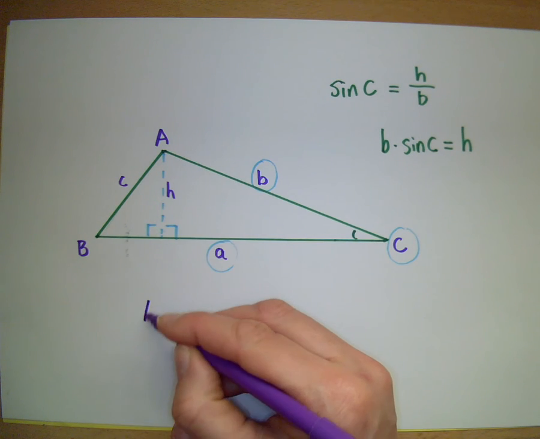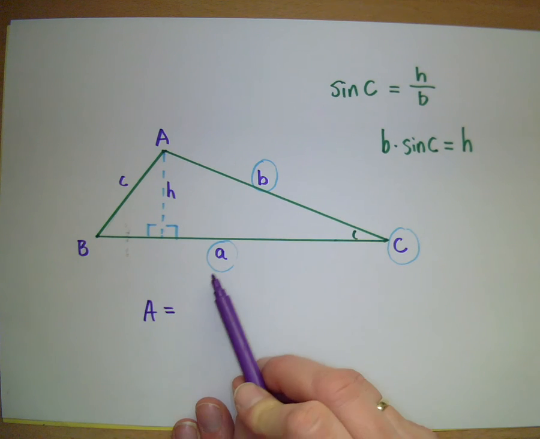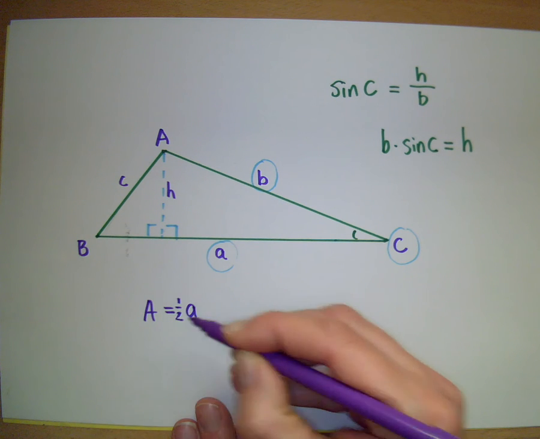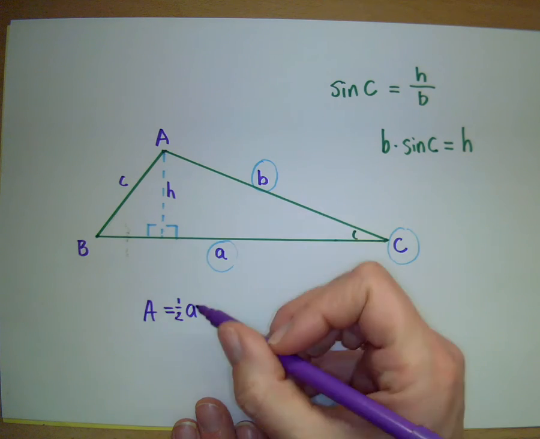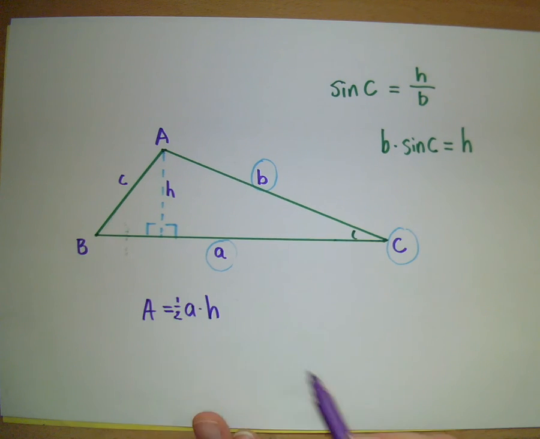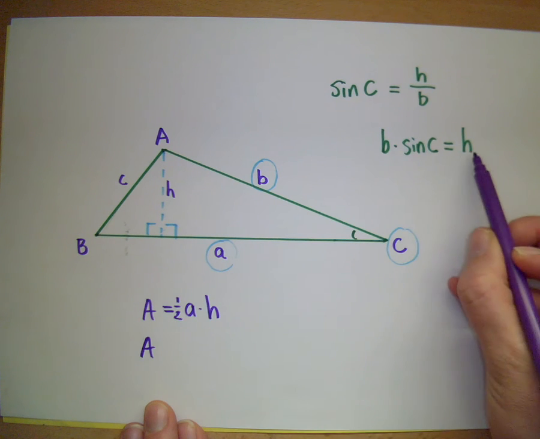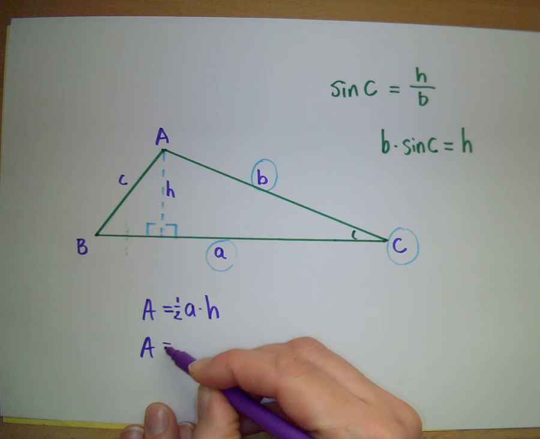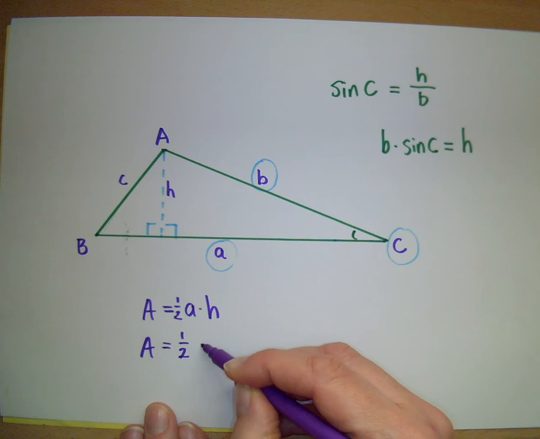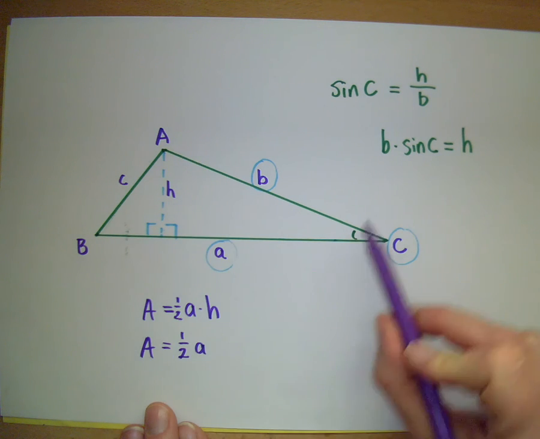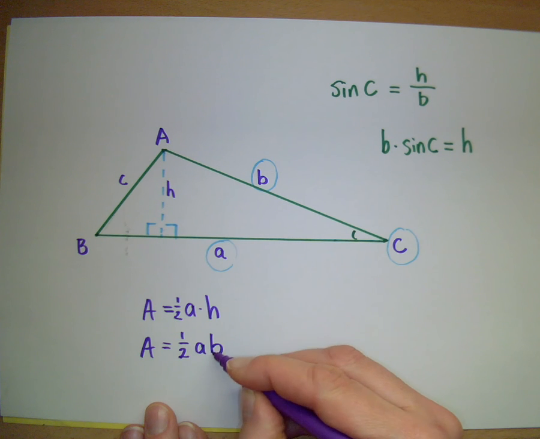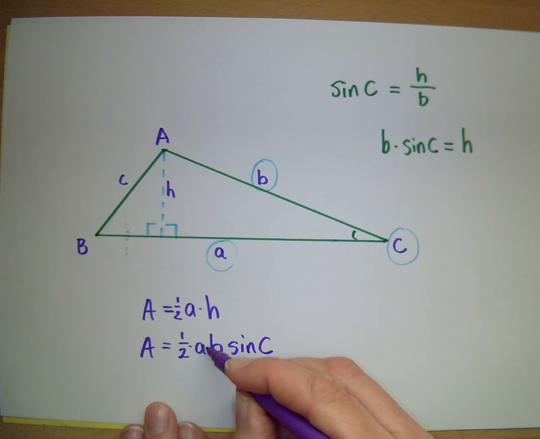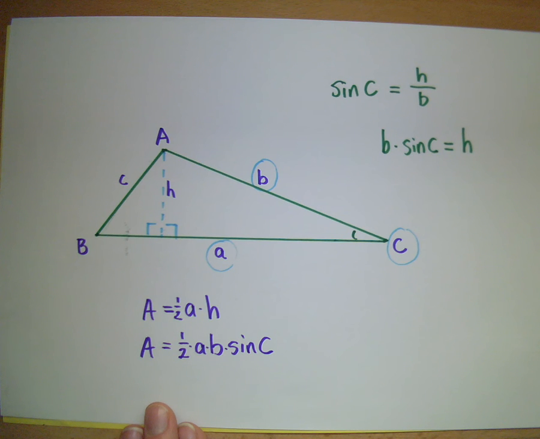If we write that, the area equals 1/2 times the base, in this case that's side a, times the perpendicular height, H. If we rewrite that now using this expression for H, because we don't know what H is, that would give us 1/2 of a times, instead of H, we'll write b sine C. I could write all these little multiplication signs in between, or I could leave them out.